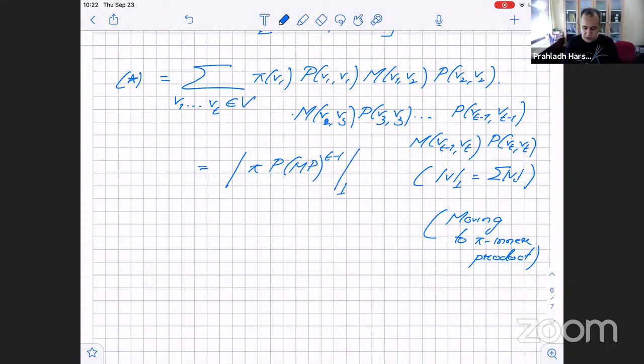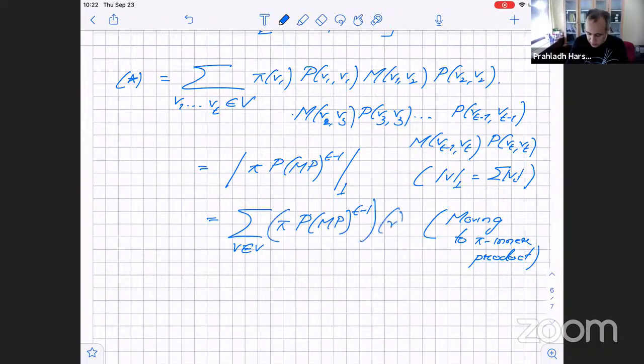It's exactly that object. Now notice what this is. This guy is a summation over v in V of pi, PMP to the T minus 1, at the vth vertex, the absolute value of this.